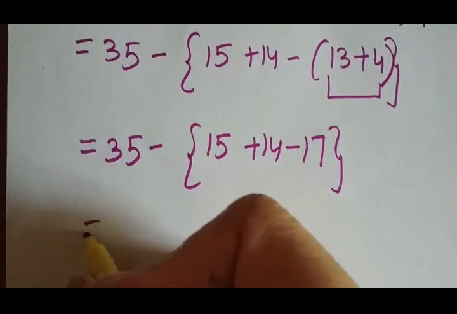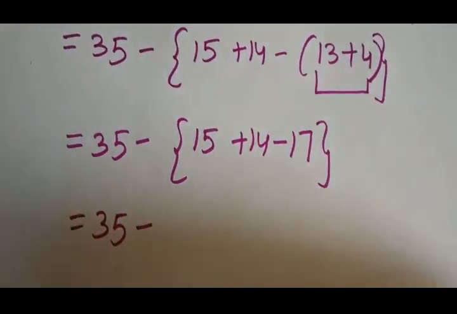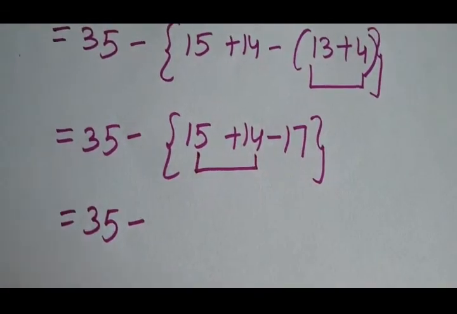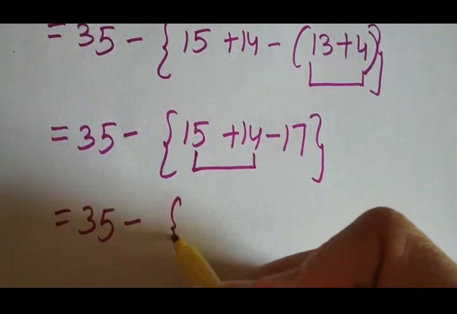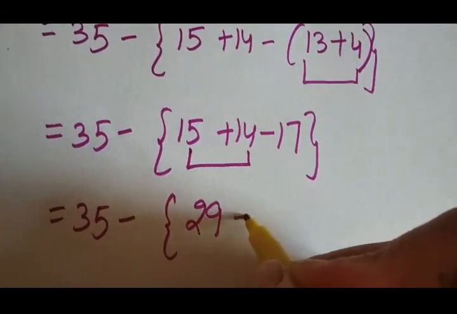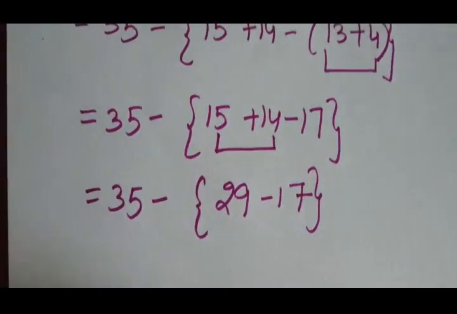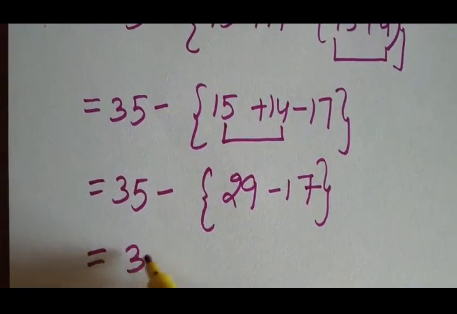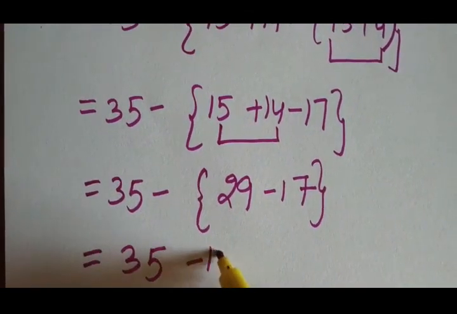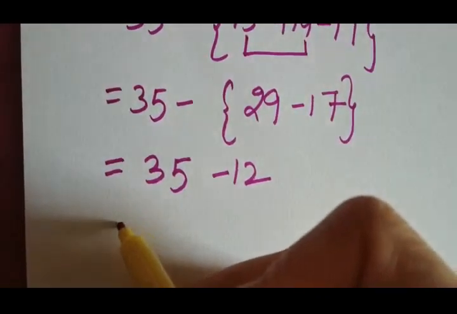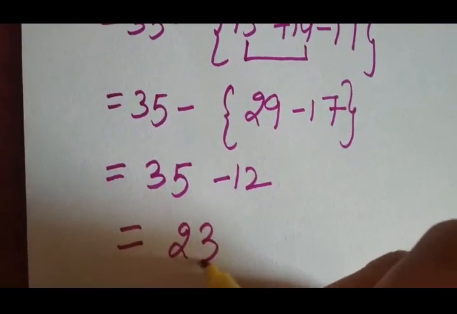Next we have to solve the curly bracket. Inside it, 15 plus 14 is 29, minus 17. 29 minus 17 is 12. So the curly bracket is also removed. Now simply we can subtract: 35 minus 12 is equal to 23.